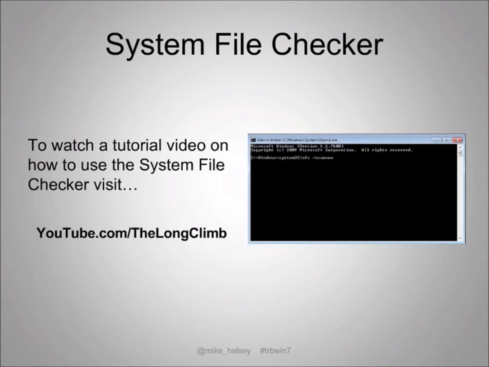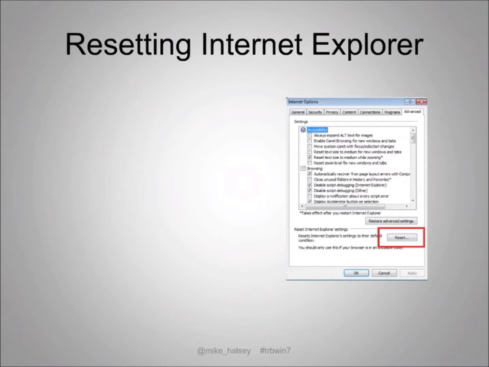So, next, let's talk about Internet Explorer. Now, Internet Explorer can cause all sorts of problems. Normally, the best and only way to repair Internet Explorer if something goes wrong with it, and I'm willing to bet that many of you will have done this or advised somebody else to do it, or will know of somebody else who's done it at some point over the years, the best way to fix a problem with Internet Explorer is to stop using it and download and install another browser, such as Firefox or Google Chrome.